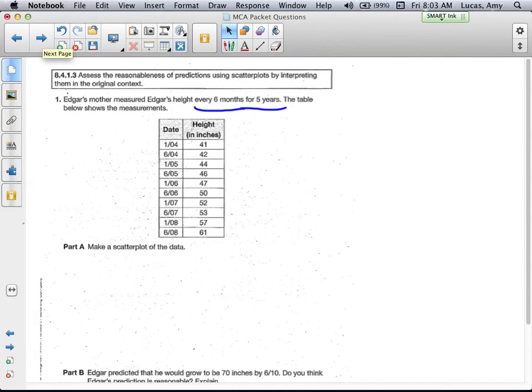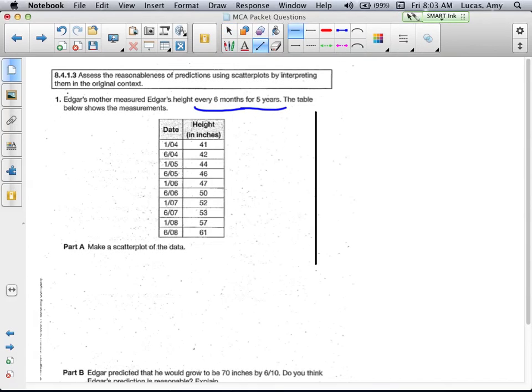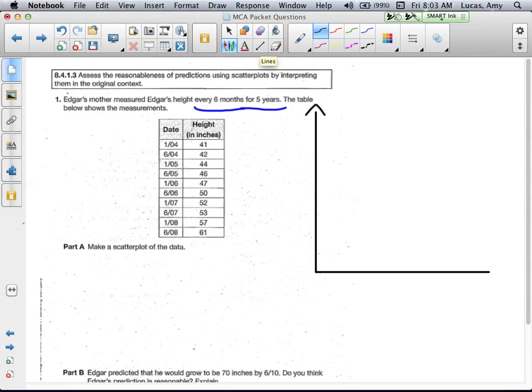Okay, so a scatter plot of this data. We've got dates, so I'm going to put the date here, and then we've got heights. So I'll put the height over here on the y-axis, and the height is in inches.